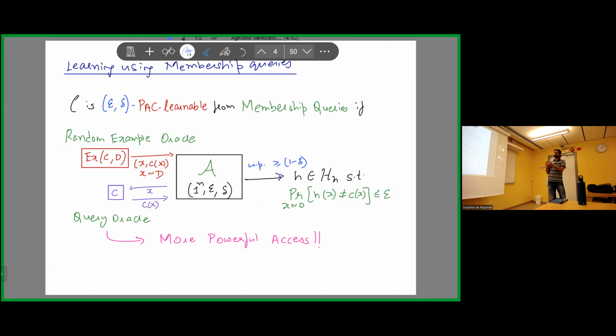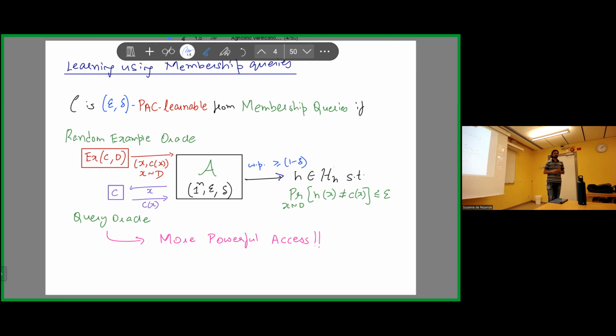But you also give the learner access to random examples from the distribution, because you want the learner to still know something about the distribution itself, where it is coming from. And the task remains the same: to output a hypothesis which approximates the unknown target up to an error at most epsilon with respect to the underlying distribution.